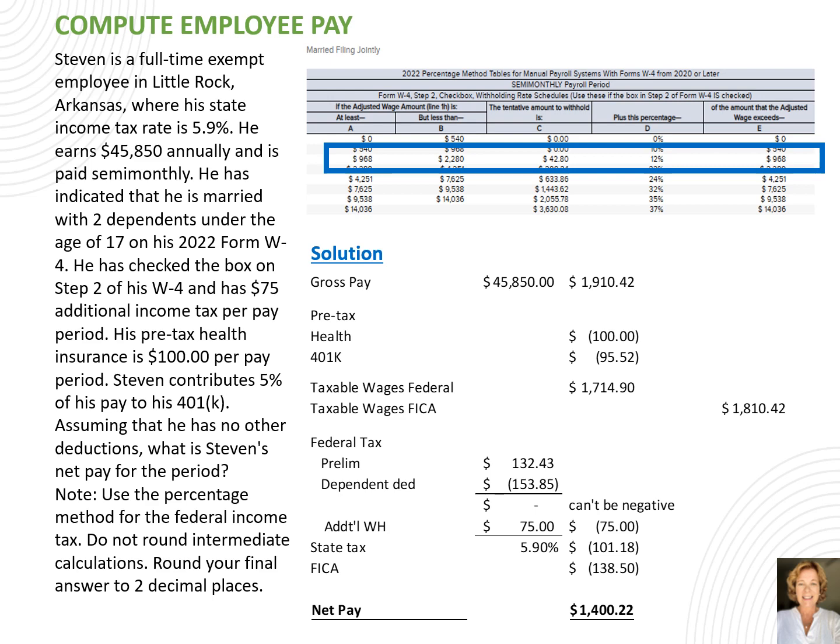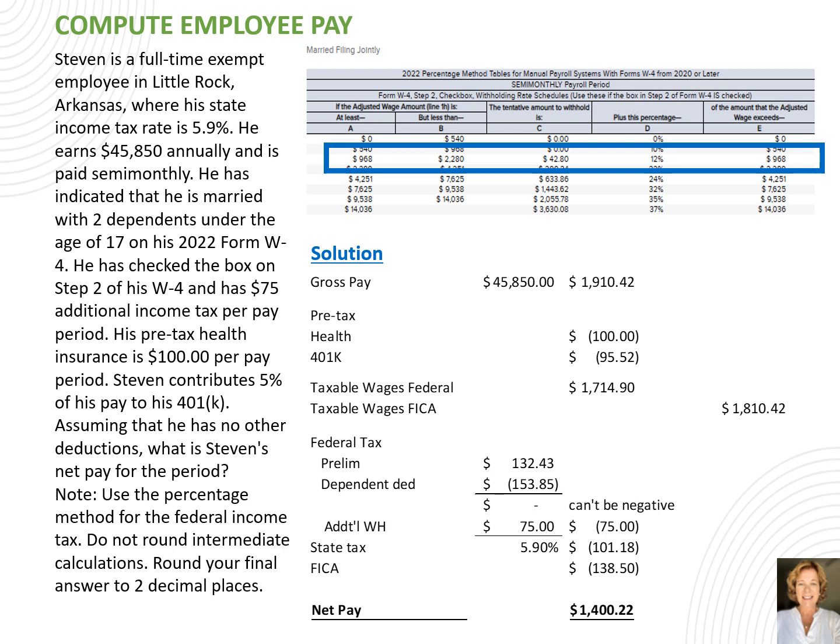That gives us taxable wages for federal taxes of $1,714.90. We also need to calculate the taxable wages for FICA, which means that we only deduct the health insurance in our example from the gross wages, which then results in $1,810.42. So now we're ready in step 3 to calculate the federal taxes.